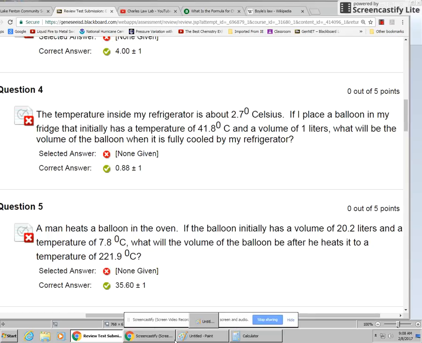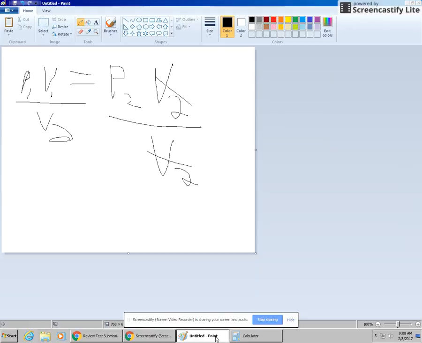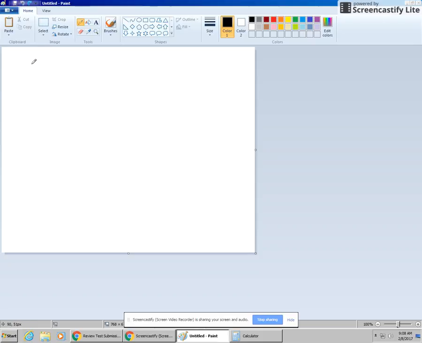And so question 4, you have to go through and change it, because here you've got volume 1 divided by temperature 1 equals volume 2 divided by temperature 2.